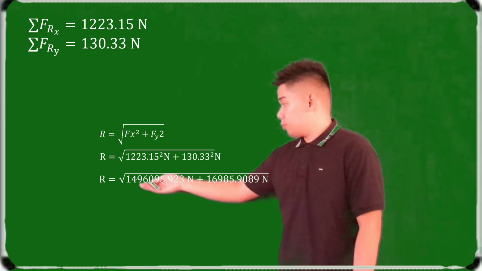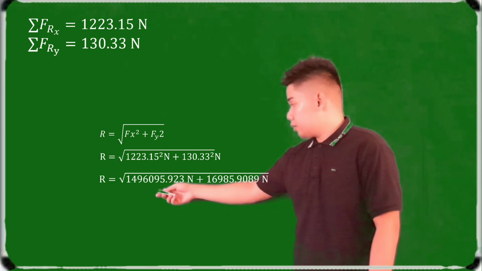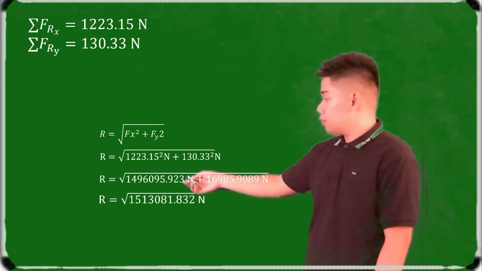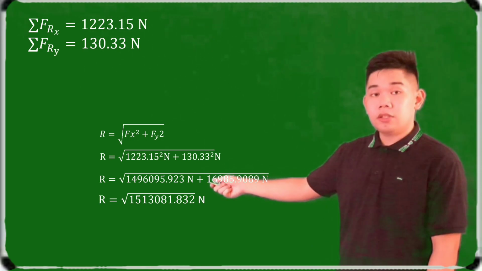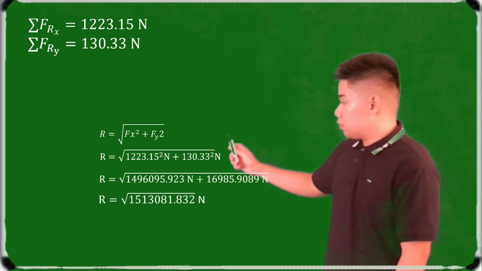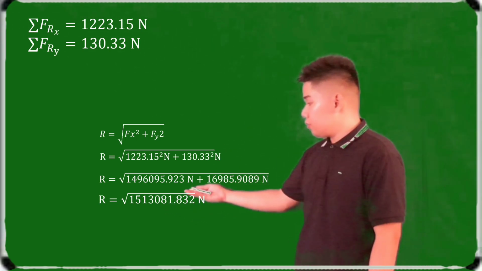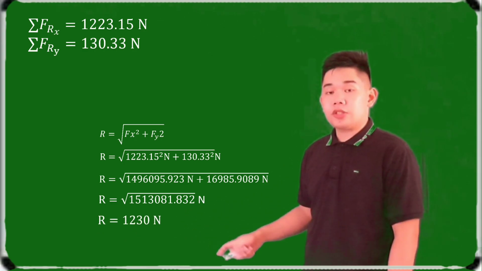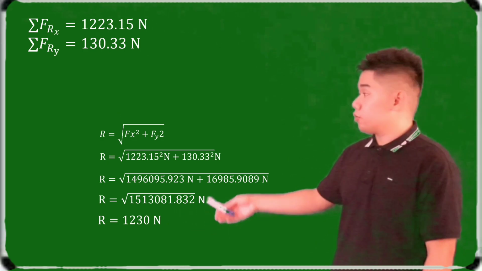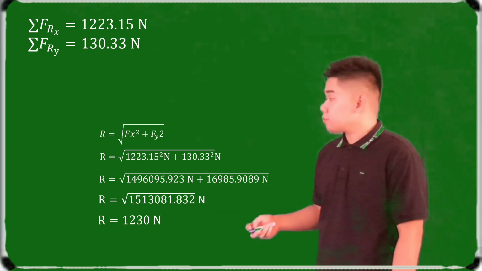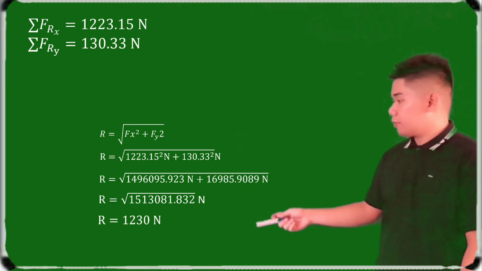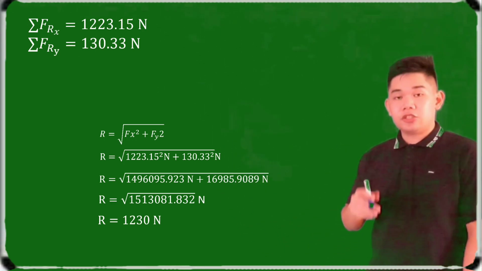We add these to get the square root of 1,513,081.859 Newton. Taking the square root of this value, we get 1,230 Newton, which is our resultant. So we get our resultant, which is the magnitude.